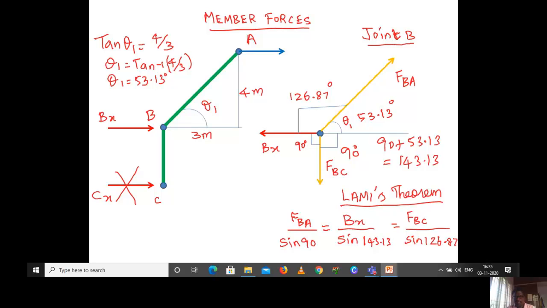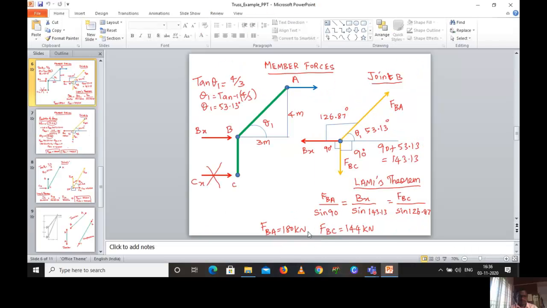Similarly, when I am calculating for FBC, the included angle of Bx and FBA is 126.87. Once you substitute that, you can get the answer for FBA and then FBC. FBA will come 180 and then FBC will come 144. So if you are not getting it, this is the answer: FBA is 180 kilonewton and FBC is 144 kilonewton.